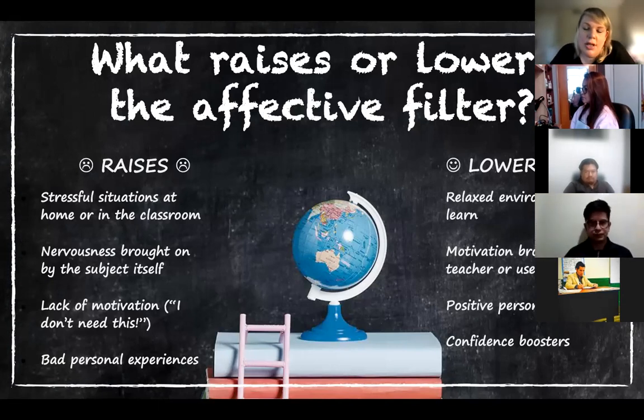Like calculus, when we learned calculus in school, I was like, I like languages. I am never going to need calculus. And I was right, at least up until now, I have not needed calculus, right? So if your students don't see the need for English, their motivation is going to be very low.